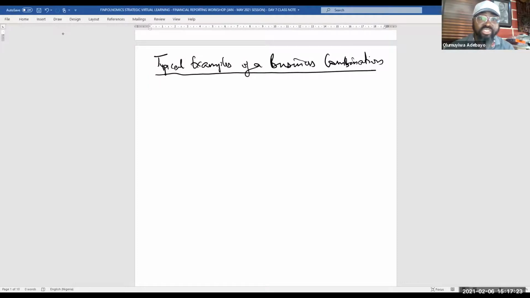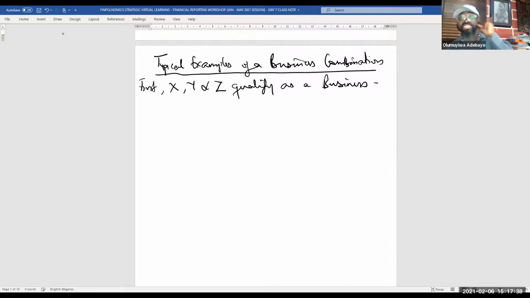Now, first, X, Y, and Z qualify as a business. That is the first assumption. Therefore, that assumption must exist and must be valid before we can even go forward.